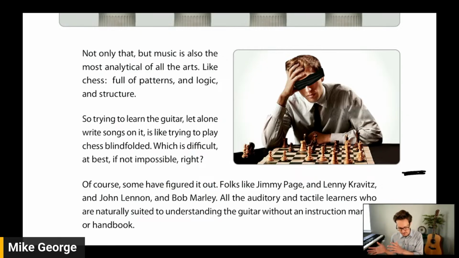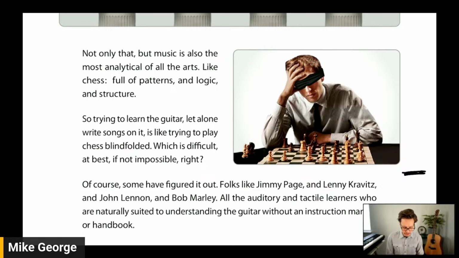I personally have never tried to play chess blindfolded, but I know what that would feel like because I did try to learn the guitar without seeing the patterns that are at play, which is essentially the same thing. Especially as you advance through the course, you see that, whoa, the fretboard is this intricate matrix of beautiful interlaced patterns. And to try to suss that out through intuition is, like I say, legitimately challenging.